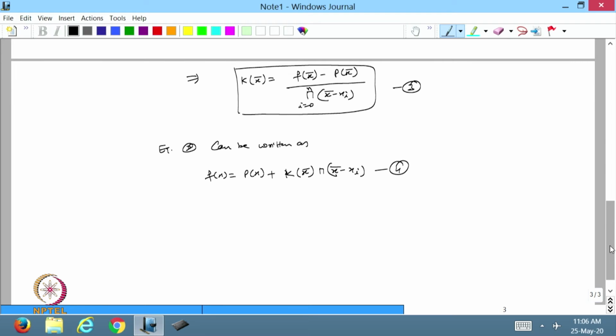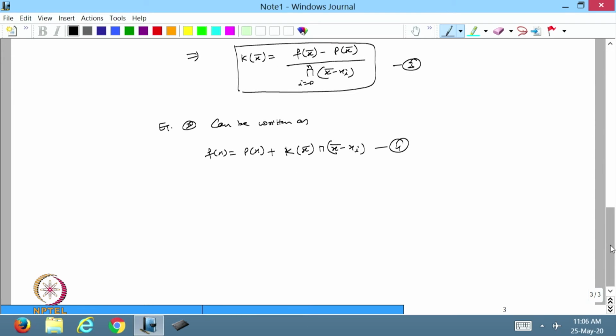Now, from equation number 4, we want to find the magnitude of k(x bar).